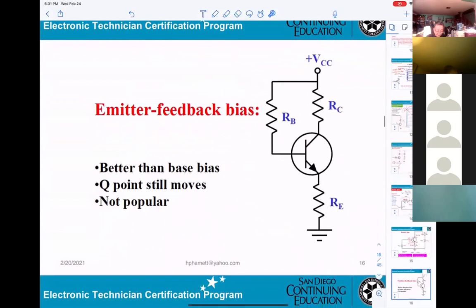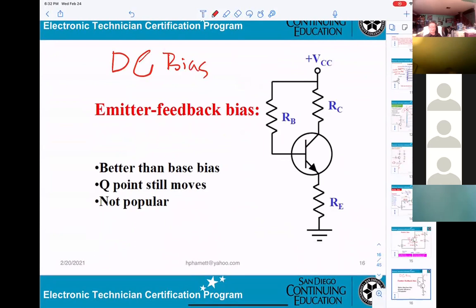Now, another way, emitter feedback bias. That's what they're talking about: general DC bias. What does that mean? That means the transistor only works if it gets a power supply.